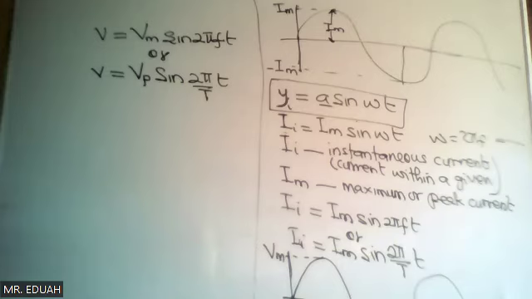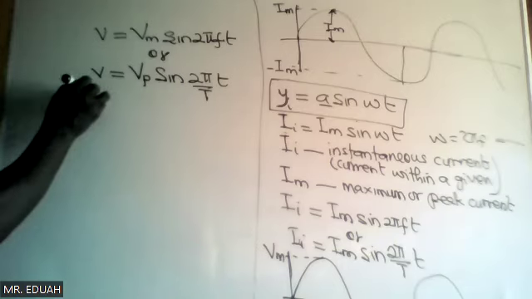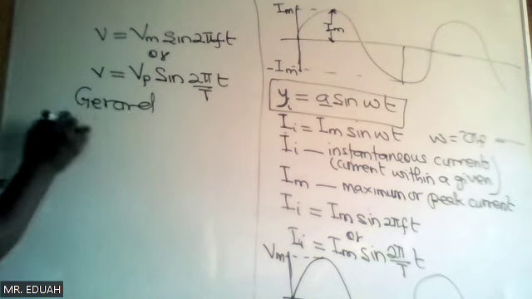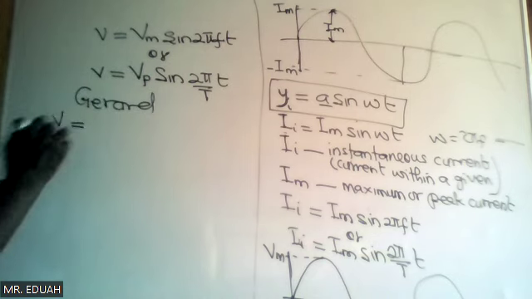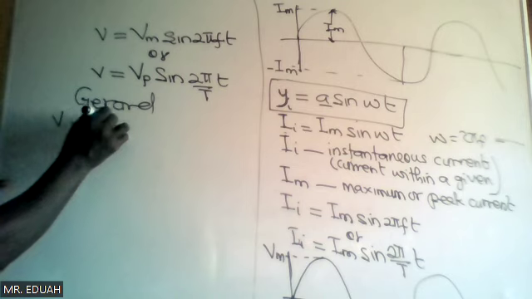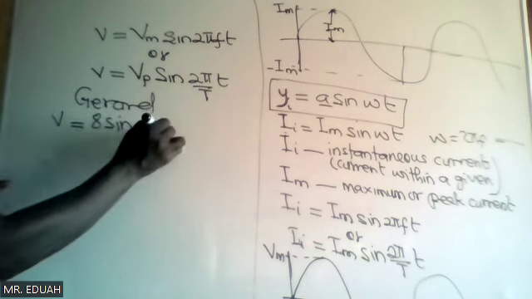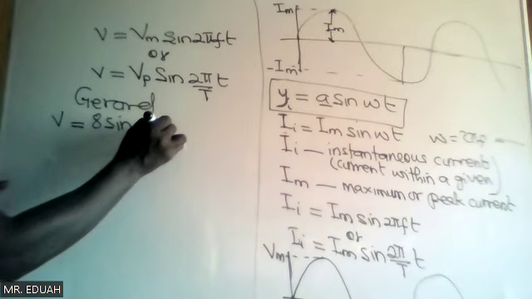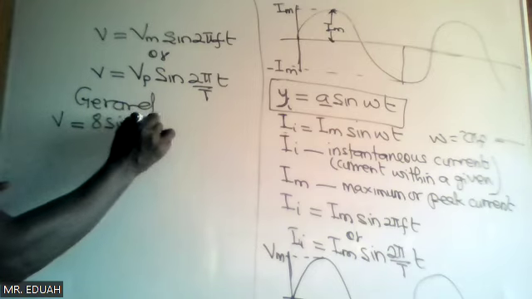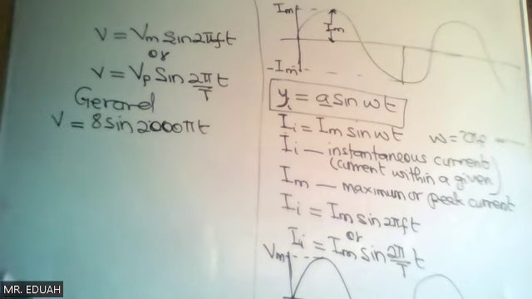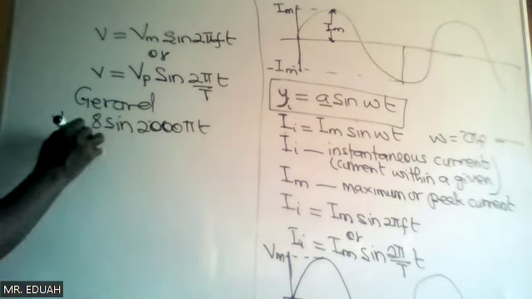Gerard, give me your answer. So please, I had V is equal to 8 sine 2000 pi t. Okay, Inshira.